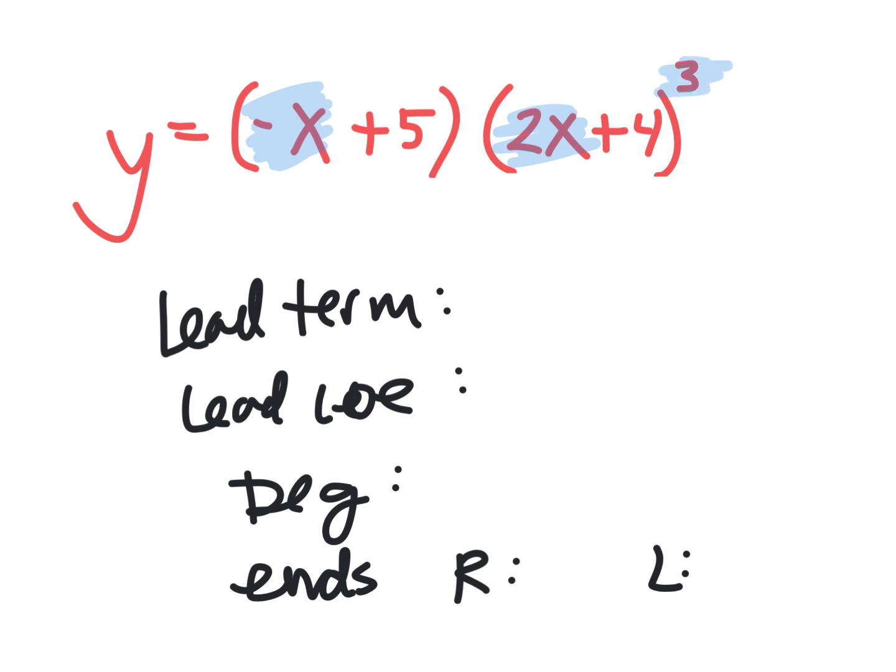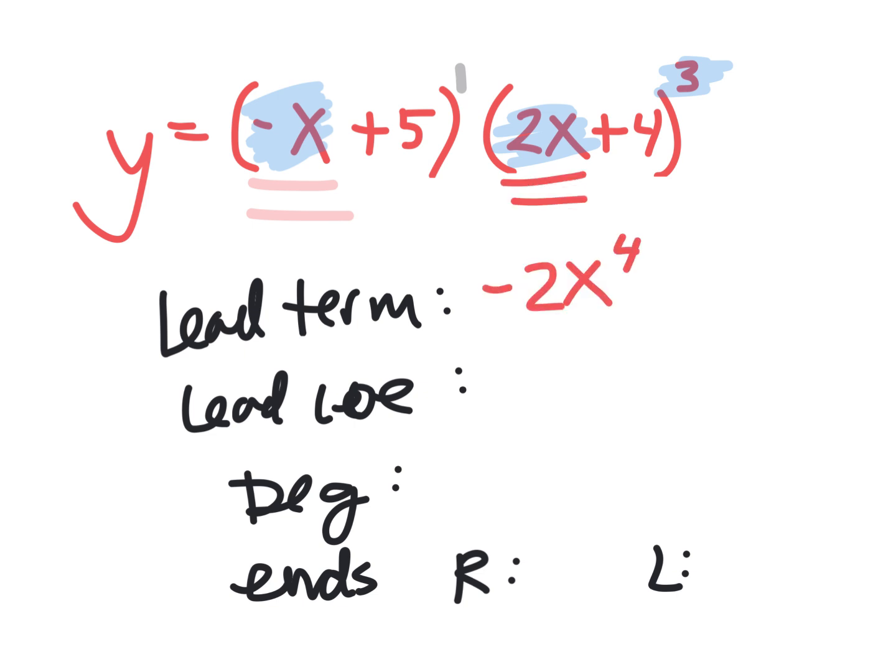Now, why am I ignoring that this has a power of 1? Because putting anything to the 1 power doesn't really do anything. Okay, so then I got my negative x here going with this 2x to the 3rd, and it's a really common wrong answer to say negative 2x to the 4th.